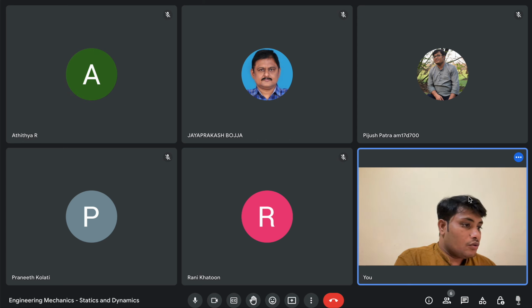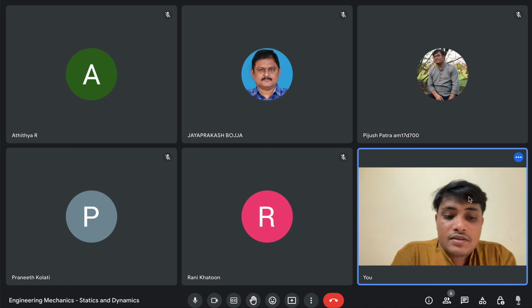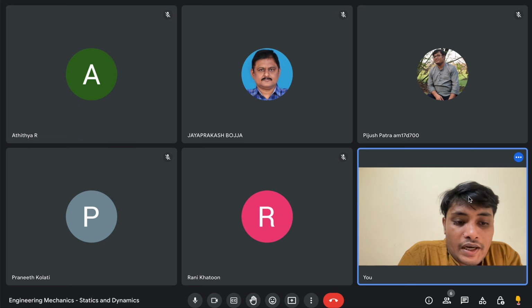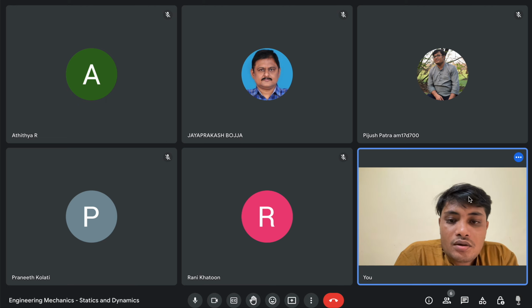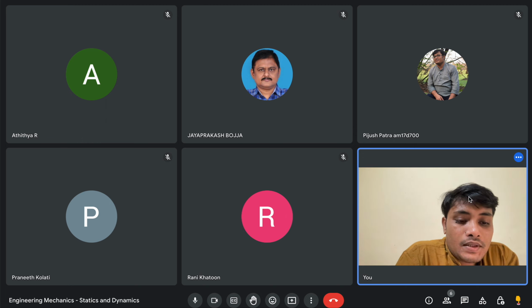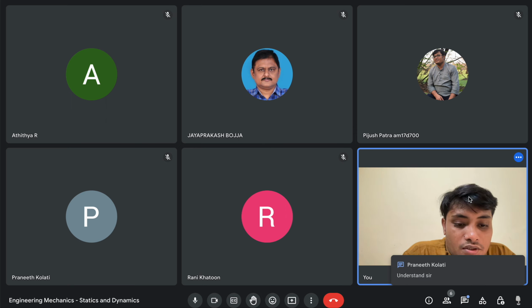So yeah, I'll just go through one or two more problems and then I'll stop. Is everyone else able to understand, right? If you are not, please let me know. At least the procedure which I am applying to solve the reaction forces and the reaction moment, as far as only the free body diagram is concerned.